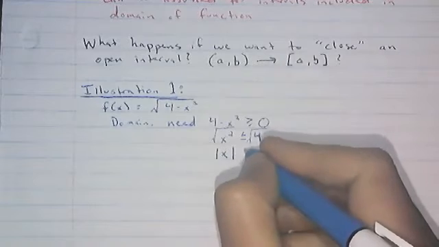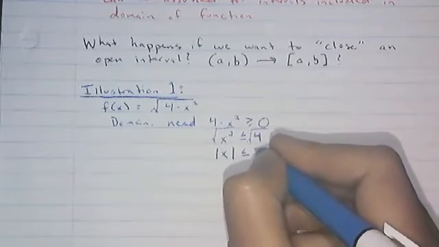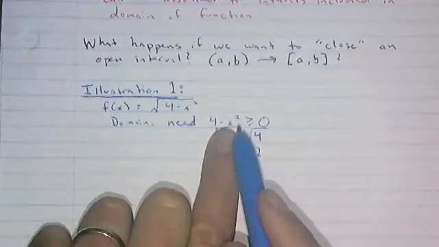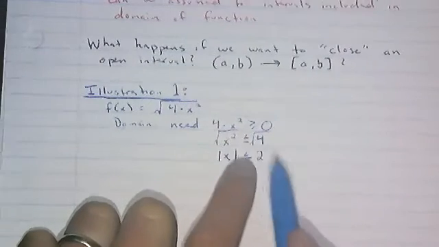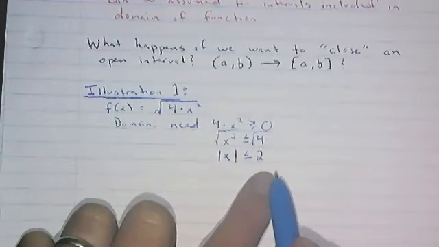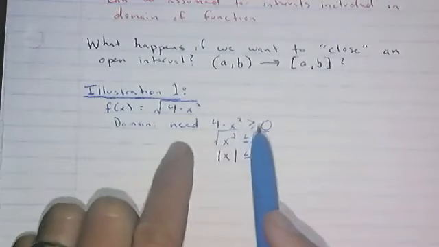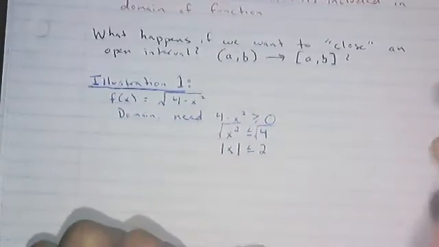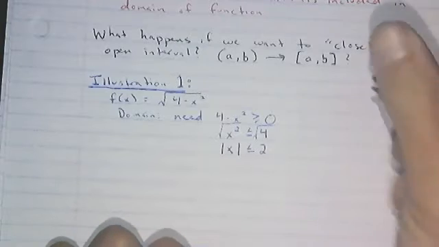Absolute value of x. If you had just said x, you would have ended up with x is less than or equal to 2. That is not a solution to this inequality because you can have -7 is less than or equal to 2. Does -7 fit into this domain? Okay, this is actually kind of important that we see this.